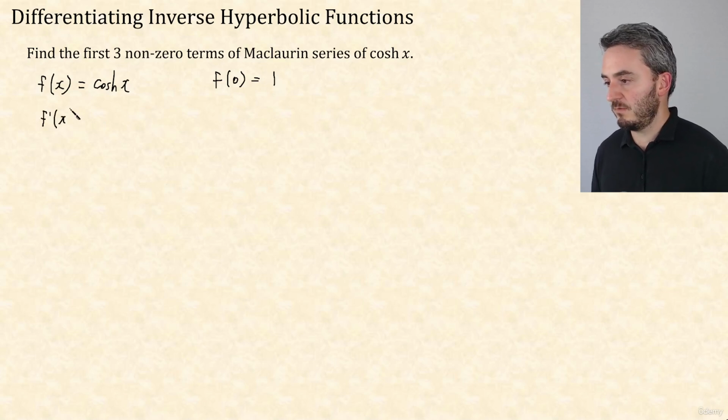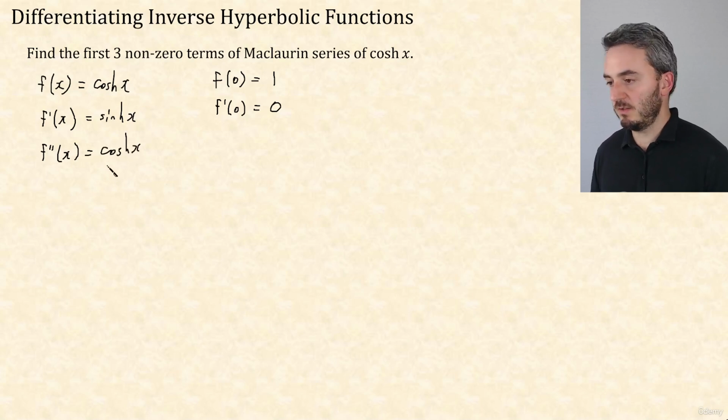The first derivative of cosh x is sinh x, and sinh of 0 is 0. Now look what happens. The second derivative, we're just back to cosh. So we're just going to be oscillating cosh, sinh, and so on.